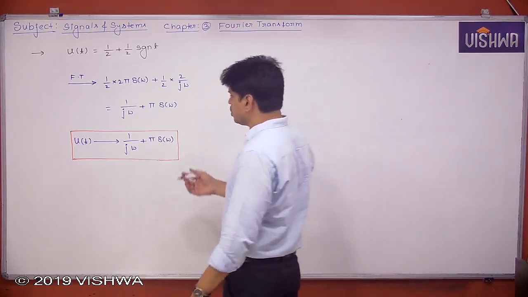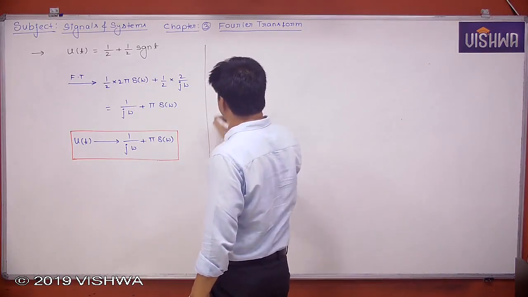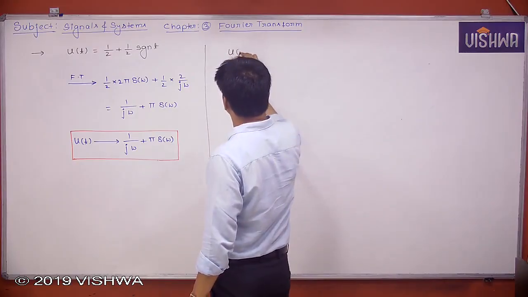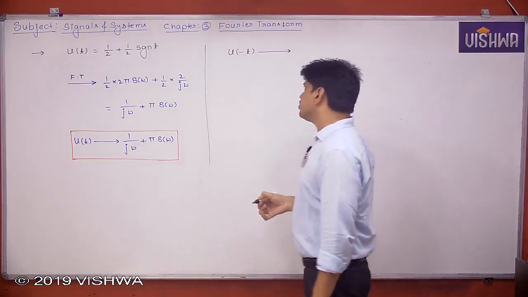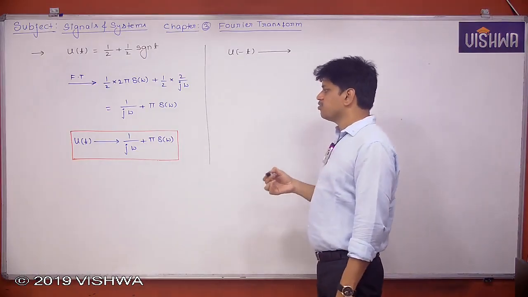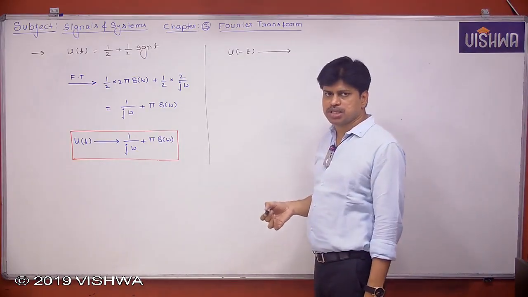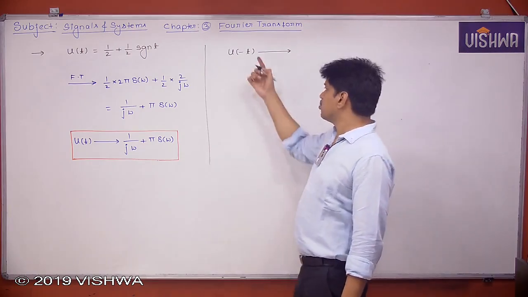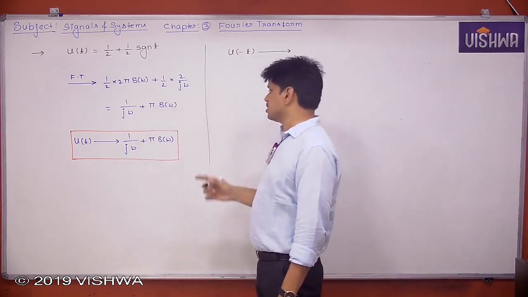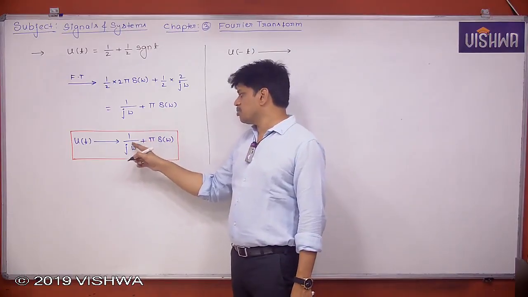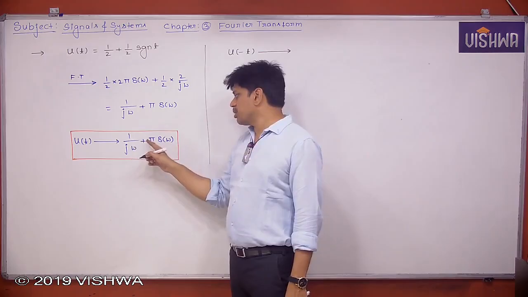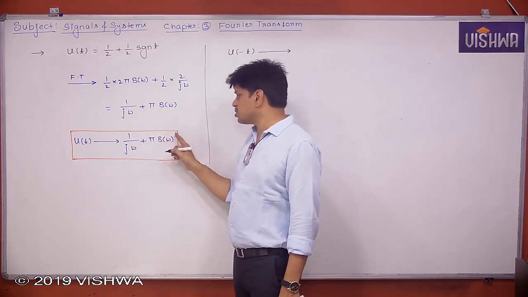Because we came to know u of t, can you calculate the Fourier transform for u of minus t? From the time reversal property, I can simply say that in the Fourier transform, omega has to be replaced with minus omega, because here we have replaced t with minus t. So if I replace omega with minus omega, this is going to be minus 1 by j omega plus pi delta of minus omega.